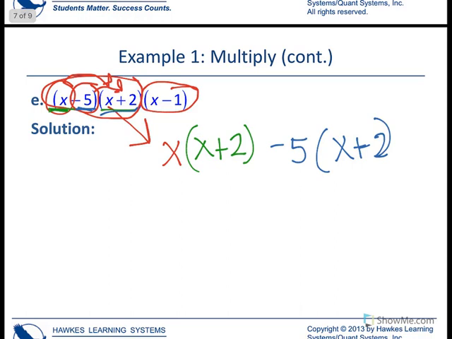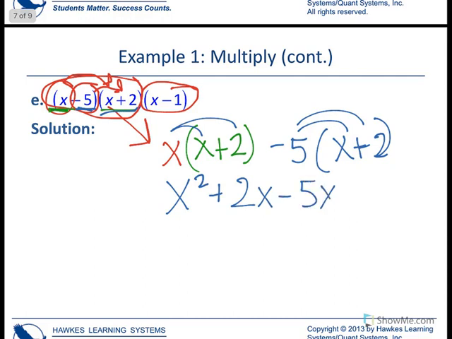So you distribute those, you end up with x squared plus 2x minus 5x minus 10. Okay, and then you're just combining those. You get x squared minus 3x minus 10.